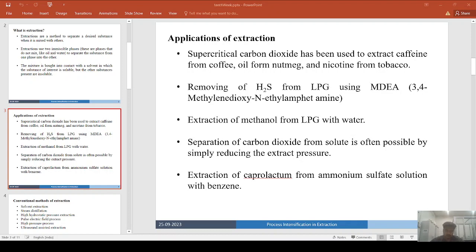Because they deal with the recovery of active components from plants and vegetable seeds.